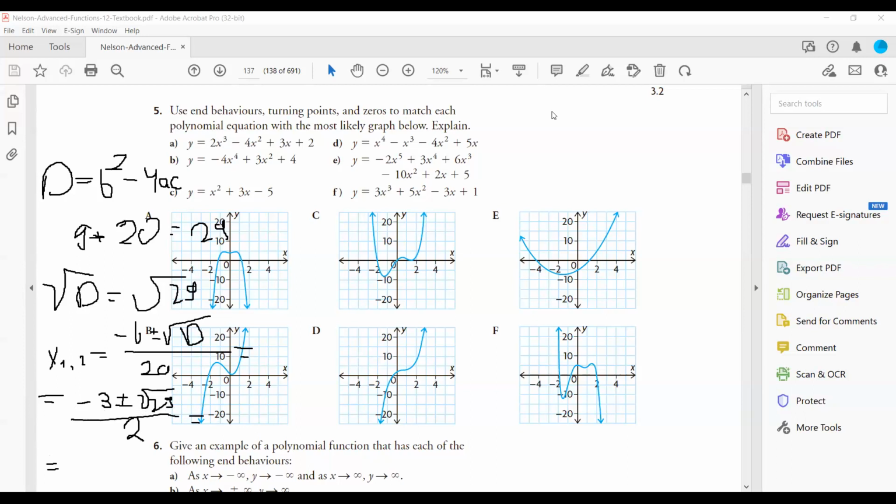29, and the square root of it would be 5.385. Something like that. So it would be -3 plus minus 5.385, divided by 2, which is roughly 1.